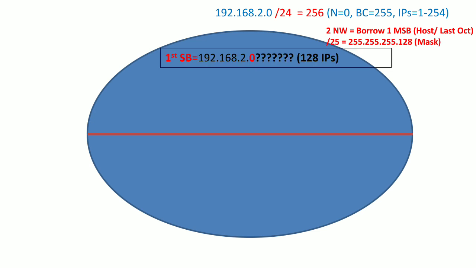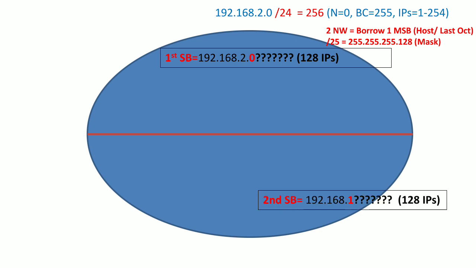So this would be the first address of this subnet, that is 192.168.2.0. The question marks displayed are the 7 bits of the host portion. We have borrowed the most significant bit of the fourth octet for subnetting, and the remaining 7 bits are part of the host portion. These bits can range from 0 to 1.